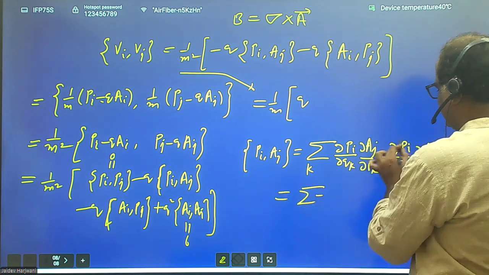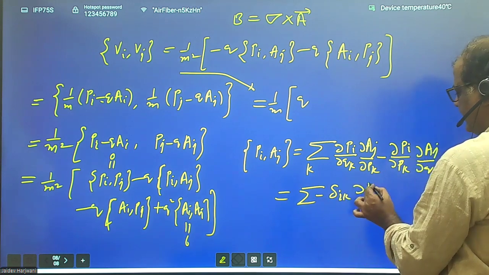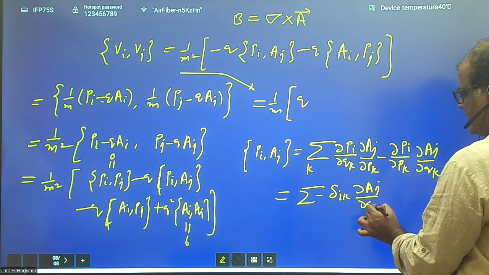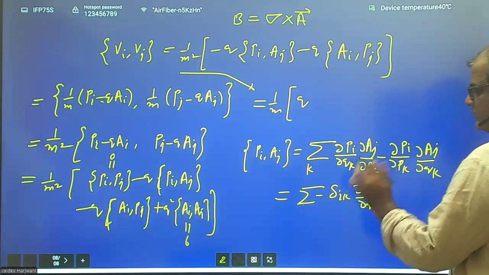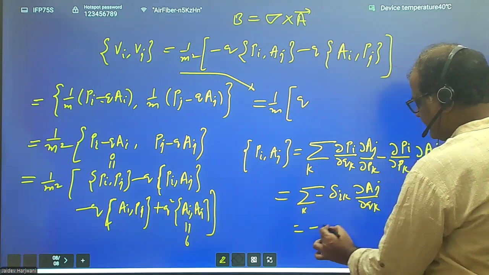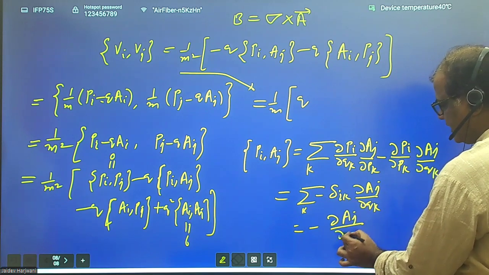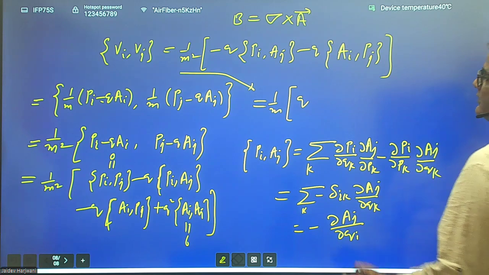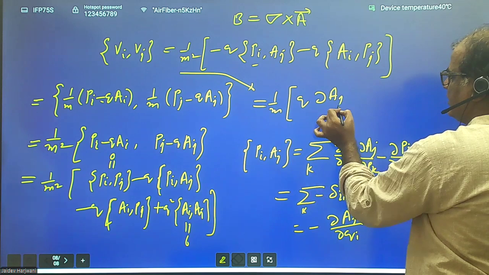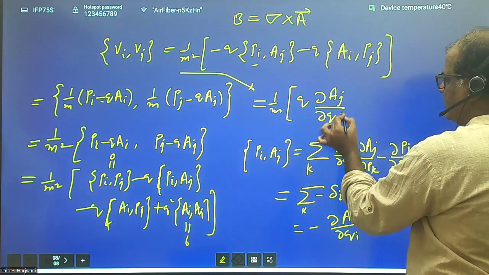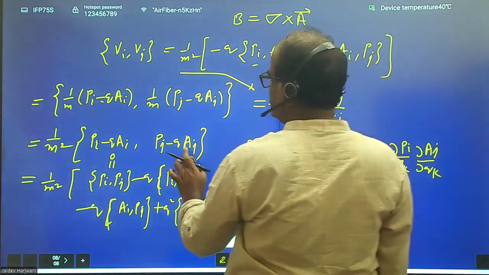So minus delta ik times del aj upon del qk. Now this expression has value only when i equals k. So solving this gives me del aj upon del qi. So this term simplifies and gives me simply minus del aj upon del qi. Now let me solve this bracket also.